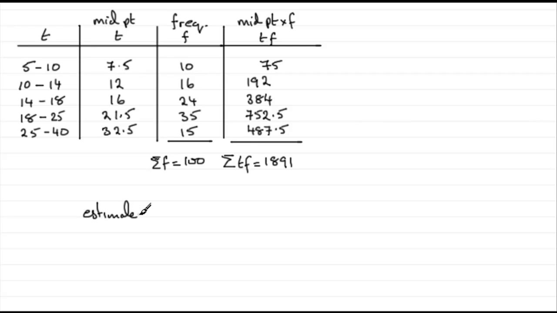It's not going to be the actual mean because we don't have the exact values. We have only values in intervals here. So the estimated mean is going to be sigma TF, 1891, divided by sigma f, 100. And if you do that, you're going to get 18.91. Alright?